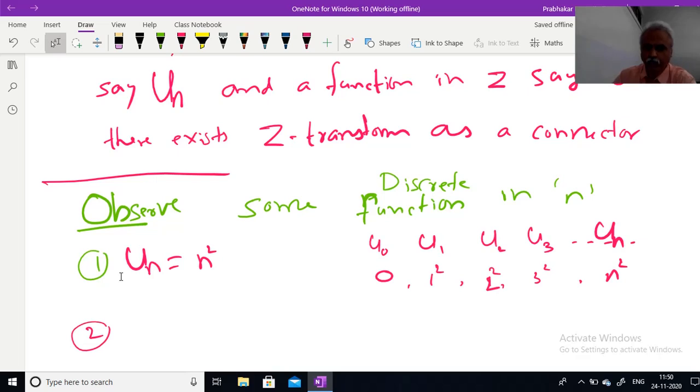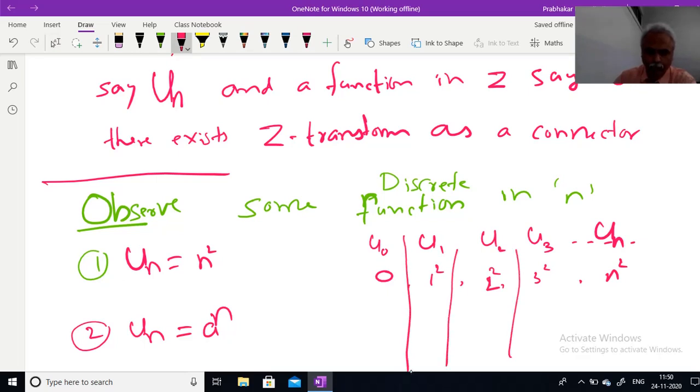Let us observe a second function. Suppose I am having un equal to 2 raised to n, 3 raised to n, some a raised to n. Then what are the values of u0, u1, u2, u3?